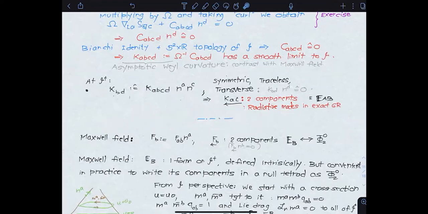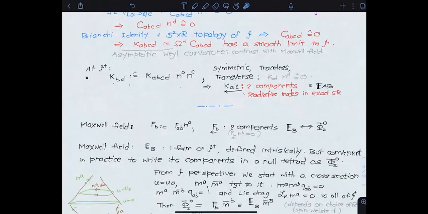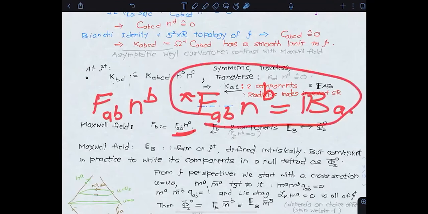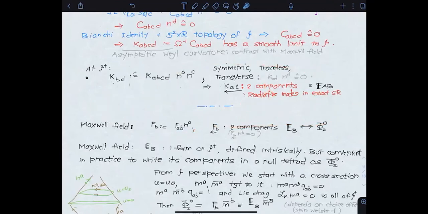But here, with the null normal, if I take F_AB contracted with the normal, and if I take star F_AB contracted with the normal and call it the magnetic one, then the E and the B so defined are not independent of each other.